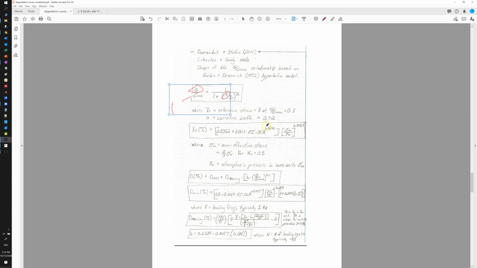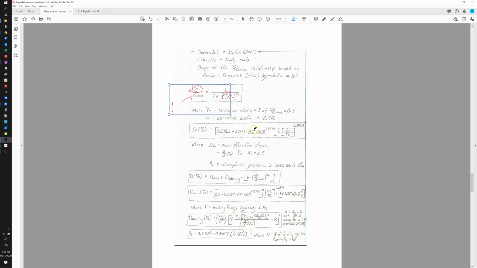And the nice thing about this Stokoe model, that earned the Terzaghi award, is that it is very powerful in the sense that these are equations that work for both cohesive and sandy models. So he has a huge database for both clay soil and sand models, and then you calibrate it in a way that this reference shear strain can handle both soils.